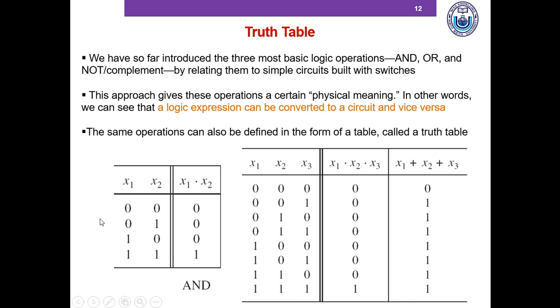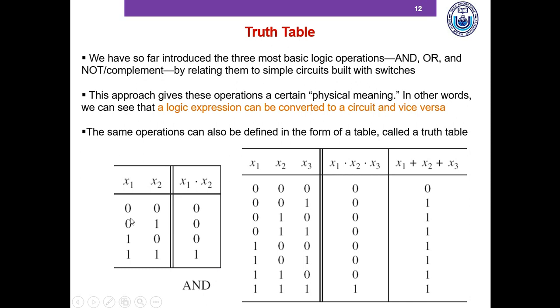So this is how a truth table is organized, and all the combinations are taken so that the decimal number formed by these combinations also gives the index of the truth table.